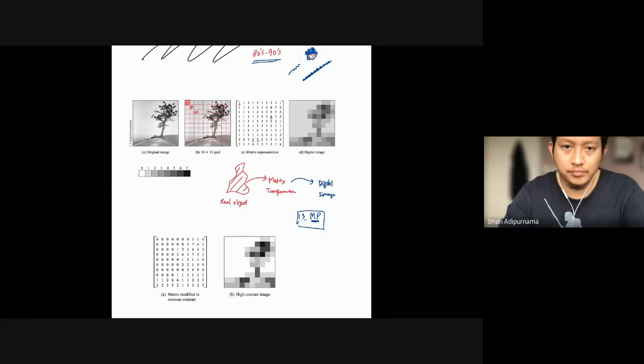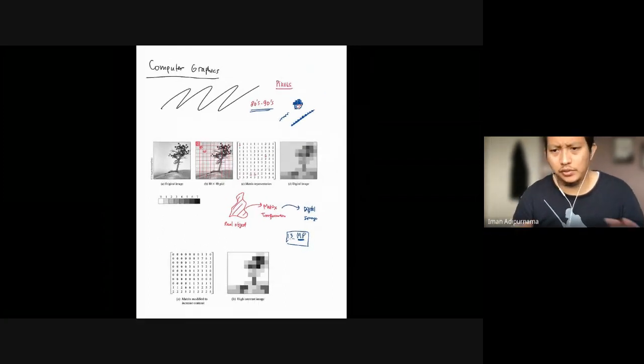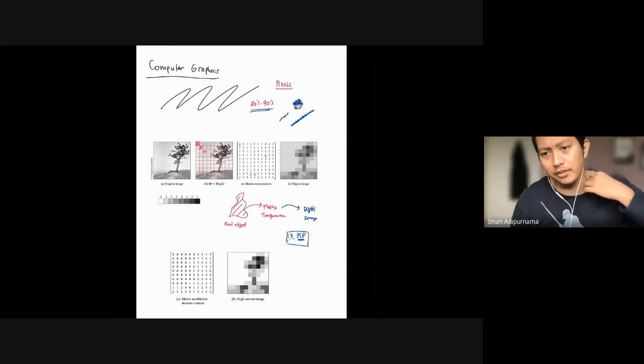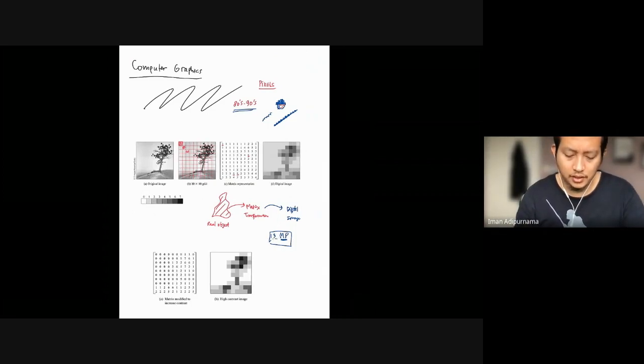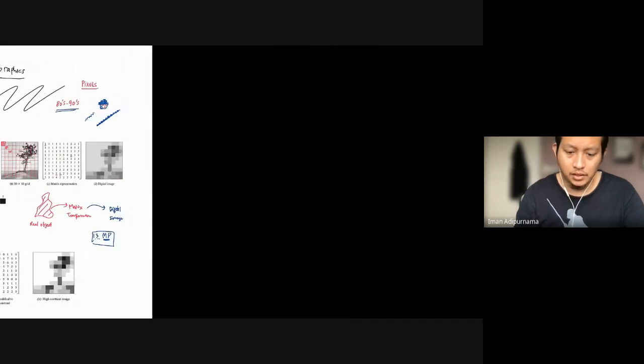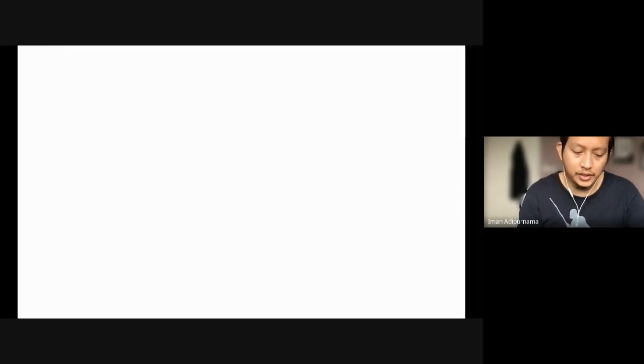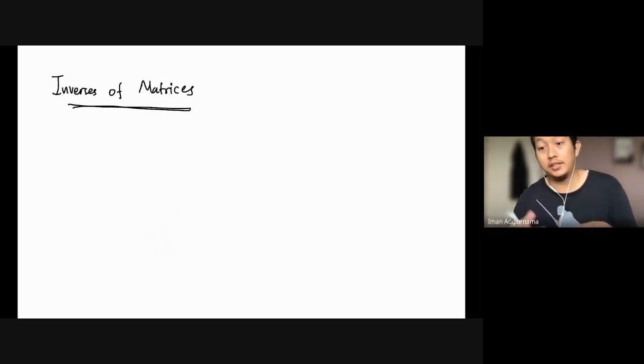Next thing about matrices: now we are going into the basics of math. So today there will be no feedback. I will just show you this computer graphics, and we will go for the inverse of matrices, because this is how we can transform the matrix.